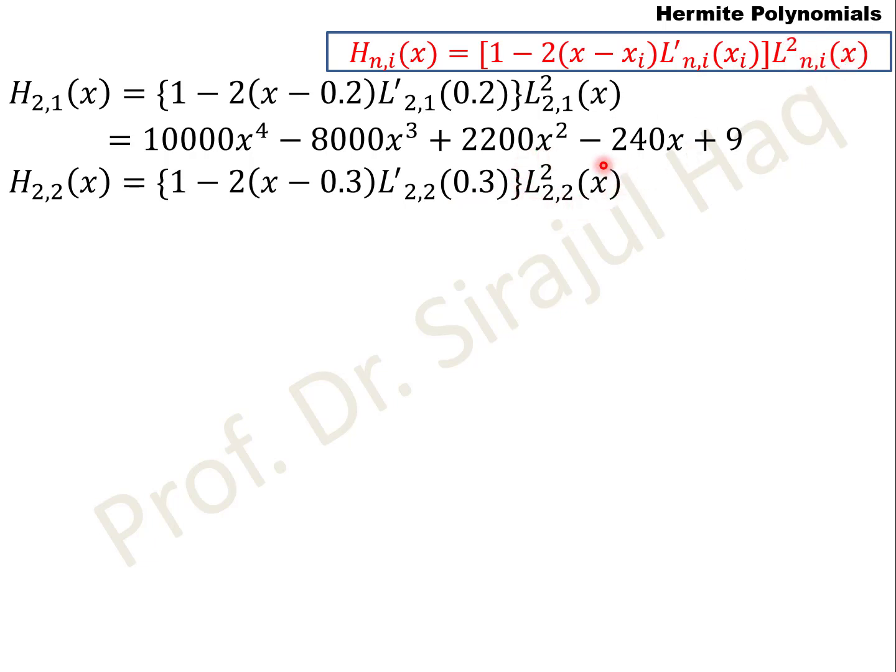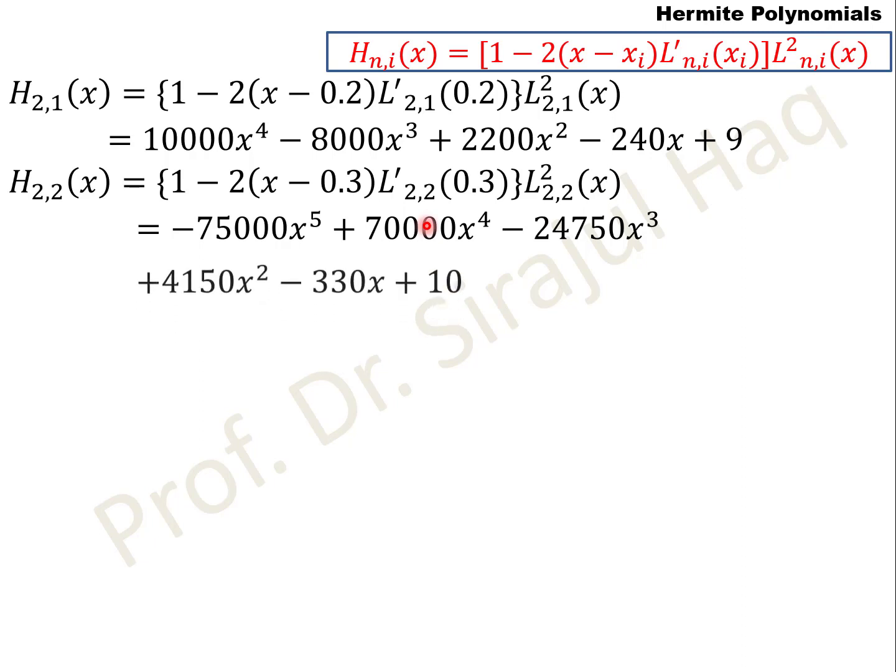We know these values. This polynomial we know from the previous slide. This value is known from the previous slide. And if we substitute these values, we are getting a polynomial of degree 5. And that polynomial is given by this relation. So remember, substitute these values and simplify. So you are getting the polynomial of degree 5.